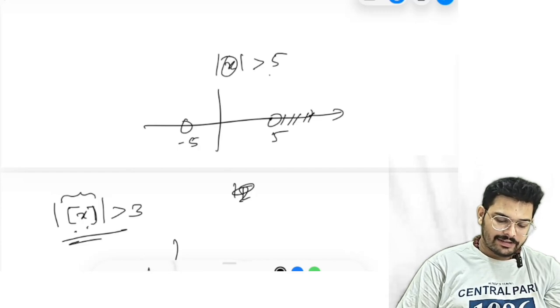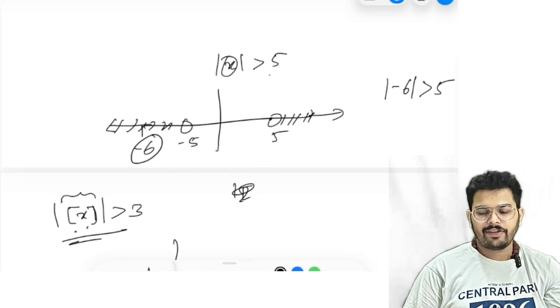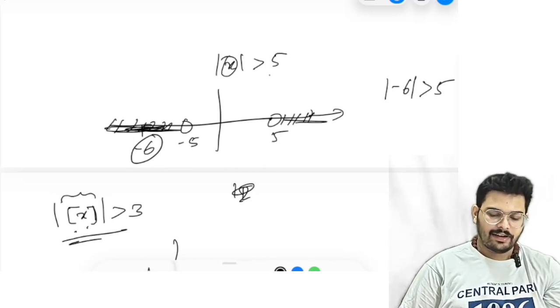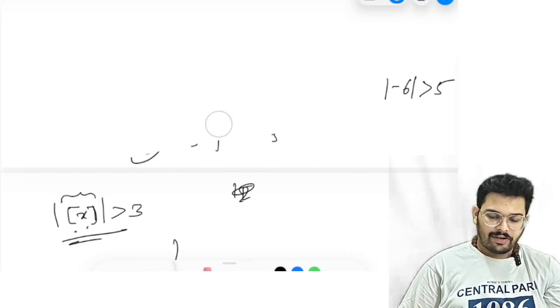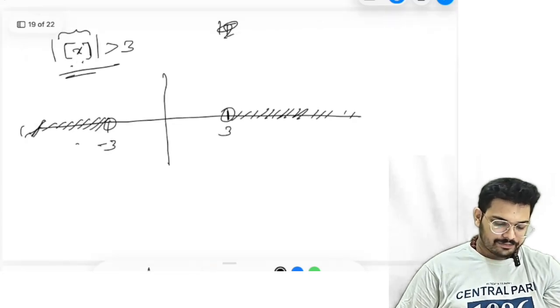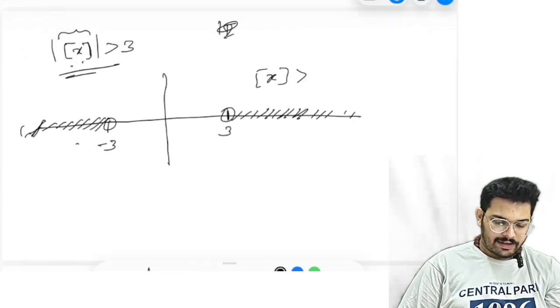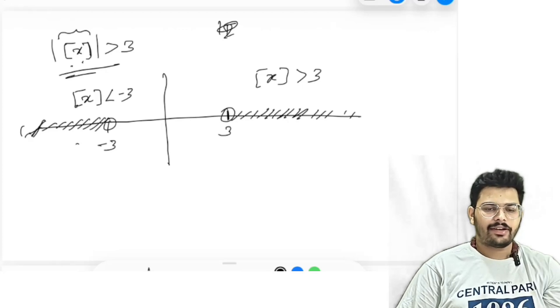If you take a value on this side also, minus 5 to minus infinity, say minus 6, the absolute value is greater than 5, it is valid, because we only need the distance. So in that logic we will be going with the graphical method. Here box x should be greater than 3, and here box x should be less than minus 3. Then only when you take the magnitude you will get it.